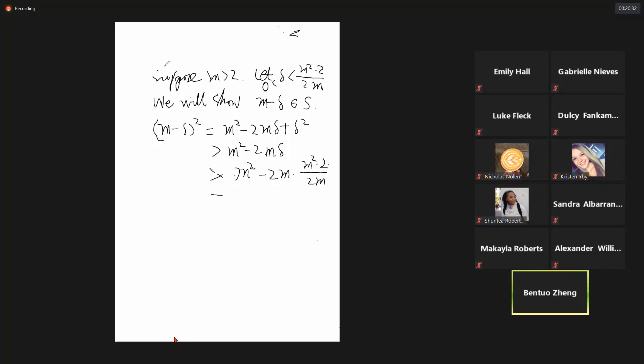This is equal to M squared minus M squared plus 2, which is equal to 2. So what we actually showed is that M minus delta squared is greater than 2.